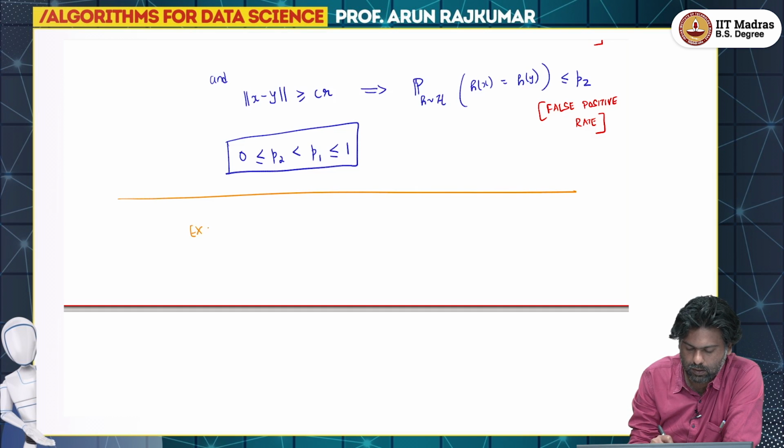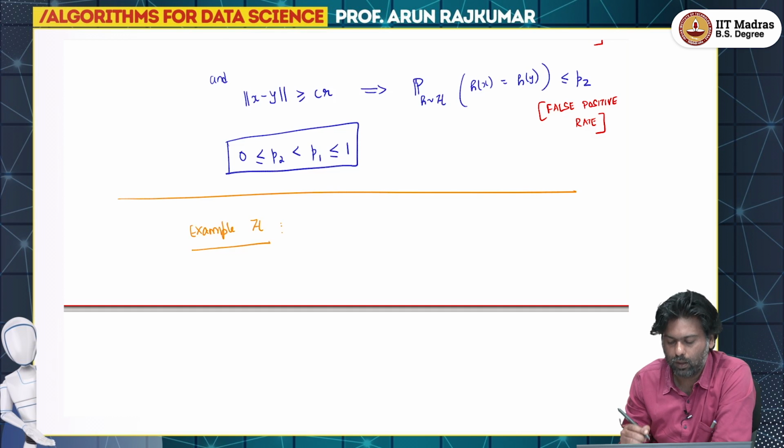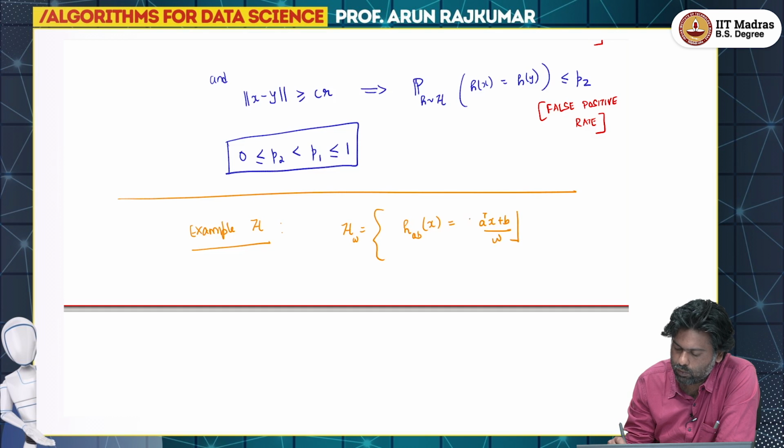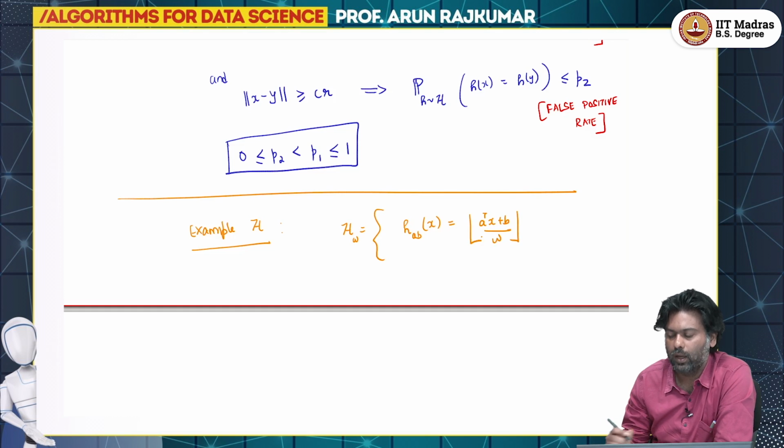So example, H, a family. If you remember, H, we defined H as, there are a lot of functions parameterized by A, so H_W, where if I take any x, I do A transpose x plus B and then divide by W, and this is my h.